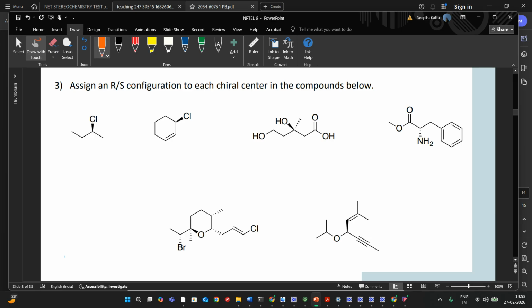So for the first one, it is very straightforward. This will be 1, this will be 2, and this will be 3. And the fourth priority group, which is going to be a hydrogen, is away from us below the plane.